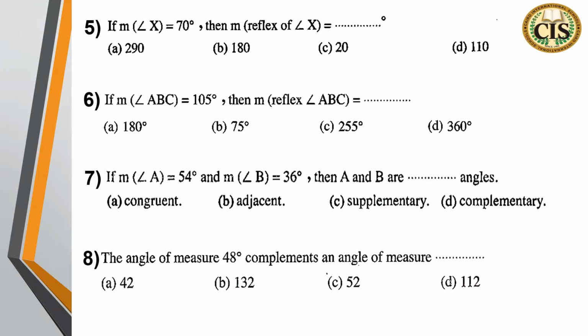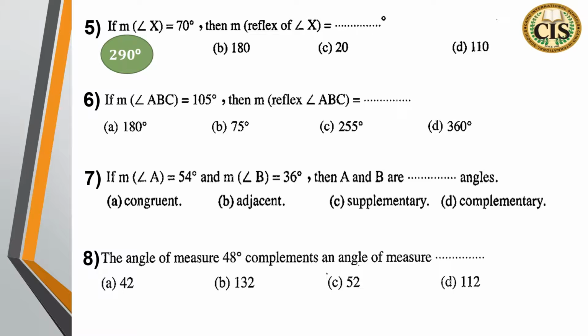If measure angle x equals 70 degrees, then the reflex of angle x equals what? We studied that a reflex angle is more than 180 and less than 360. This is 70 degrees, so we can write 360 minus 70, so the answer will be 290 degrees.